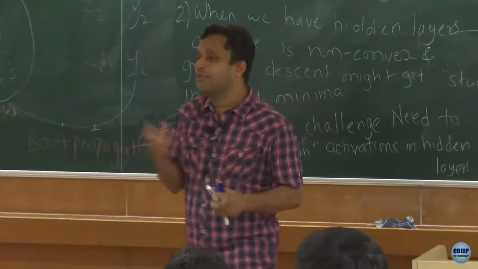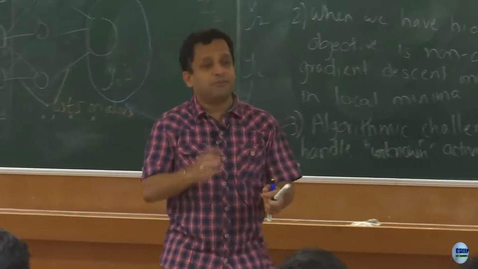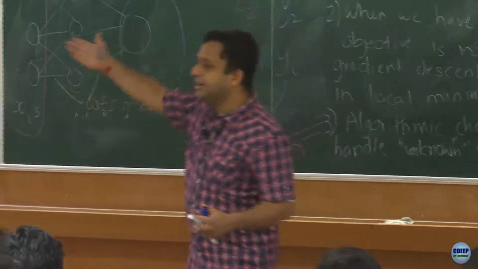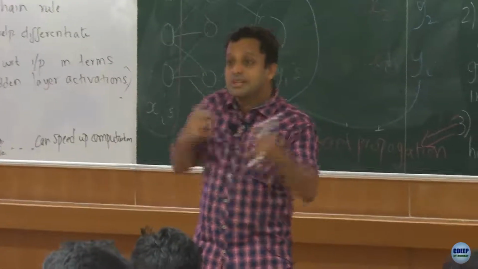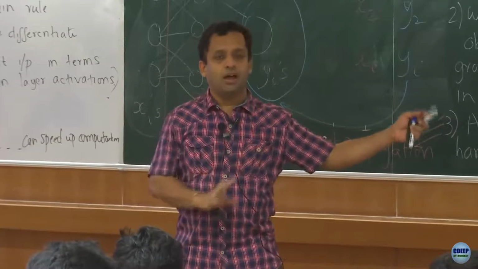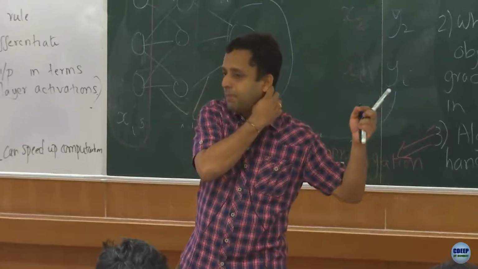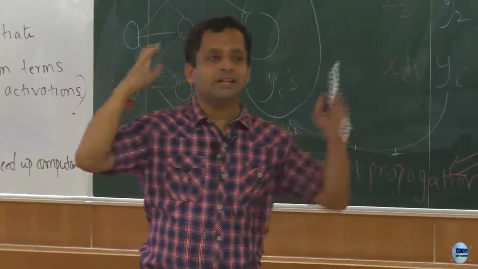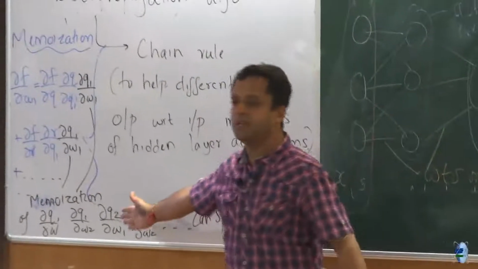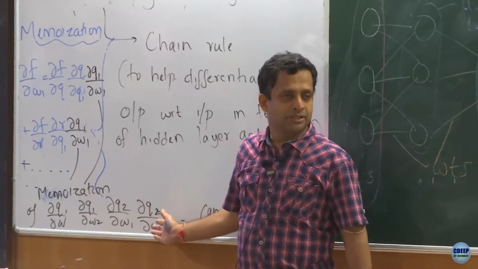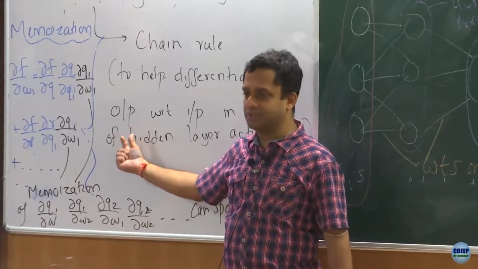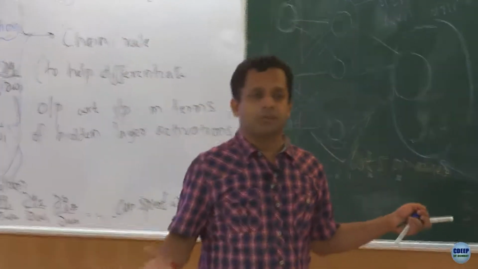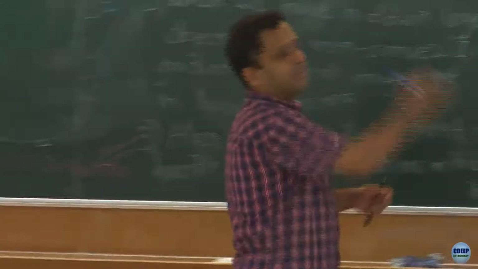Now think of not just these basic computations, but imagine you had functions of functions, and some of these were recurring, right? You know that the intermediate layers are themselves complex computations. They are not based on input alone. So you could have complete logical units being repeated, which means it's possible that complete chain rule products are being repeated. It's not just these simple components. There could be products of these which are repeated. Why do you need to multiply them all over again? So memoization is all the way through.